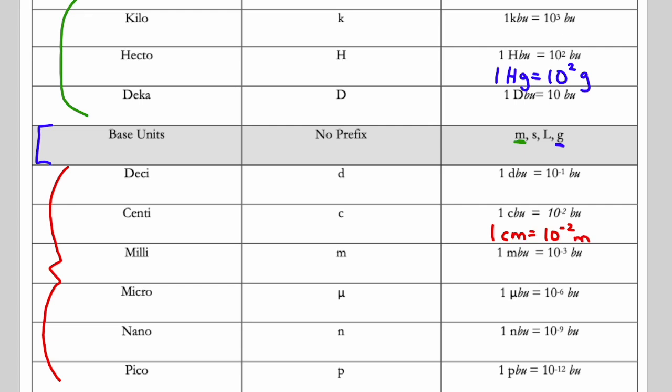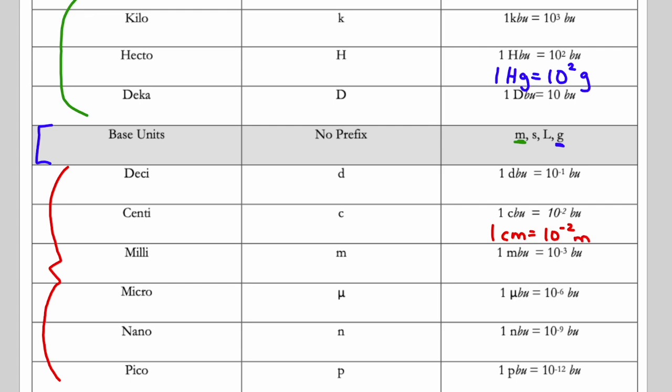So by putting centi in front of meter, you're actually making that unit smaller. If I'm measuring the length of my calculator, for example, I'll probably want to be in centimeters versus in meters, because that would give me a very, very small value. It would be like saying 0.2 meters is the length of my calculator versus saying 20 centimeters is the length of my calculator.